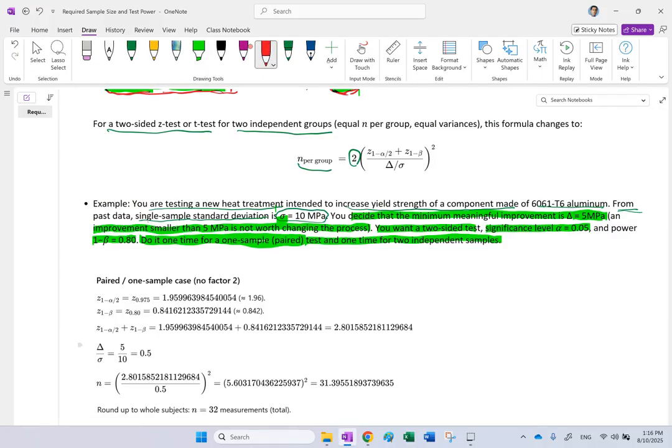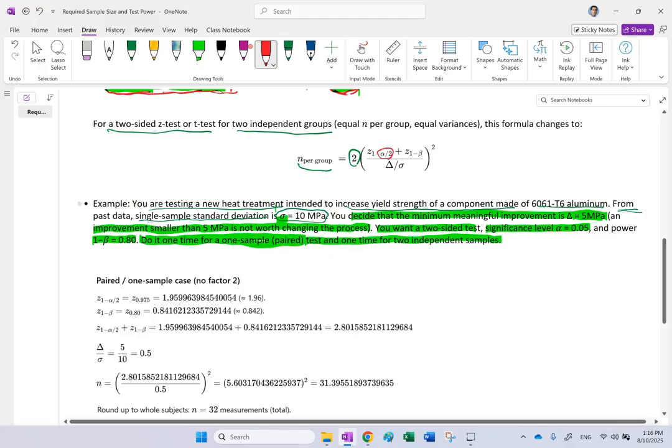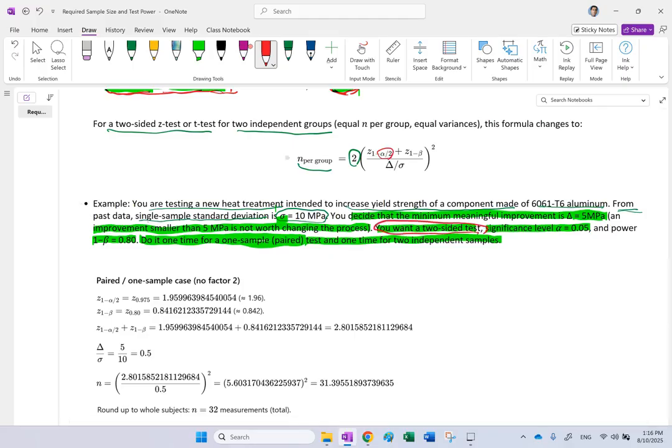So what you need is to go to your z table and find z of 1 minus alpha over 2. Why alpha over 2? Because it is a two-tailed test, so you have to use alpha over 2. And 1 minus alpha over 2, in this case z of 0.975, you see it's about 1.96 from the z tables.